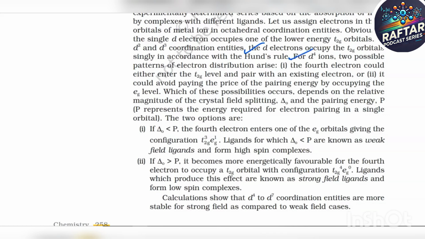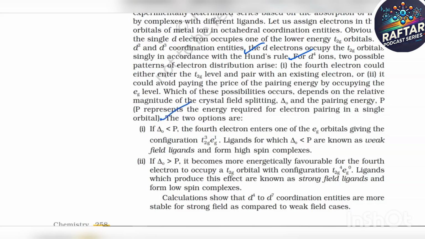The fourth electron could either enter the t2g level and pair with an existing electron, or, second, it could avoid paying the price of the pairing energy by occupying the eg level. Which of these possibilities occurs depends on the relative magnitude of the crystal field splitting delta naught and the pairing energy P. P represents the energy required for electron pairing in a single orbital.